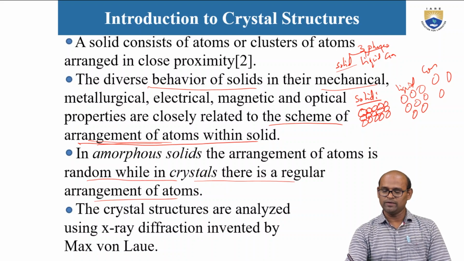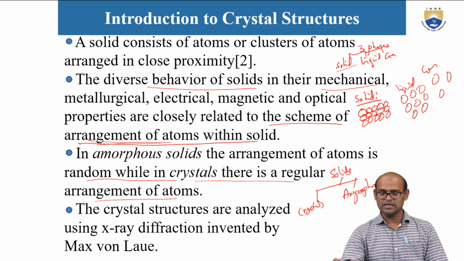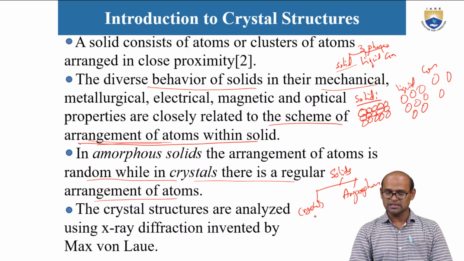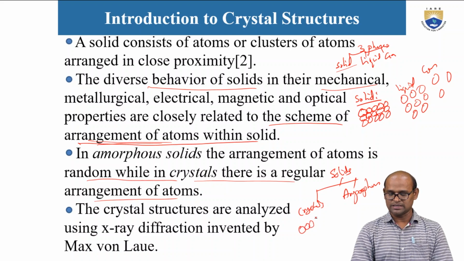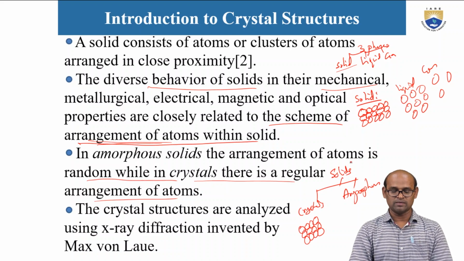Now, in a simple way, we classify solids into two categories based on the atomic arrangement: crystals and amorphous materials. Crystals have a regular arrangement of atoms, all the atoms arranged in a regular manner. Whereas in an amorphous solid, the arrangement of atoms is random.